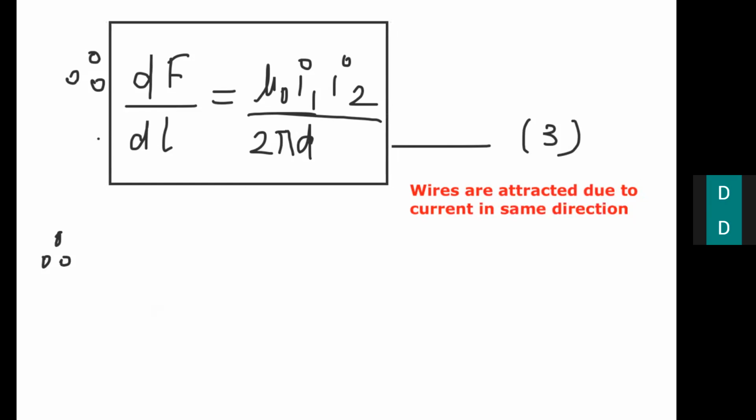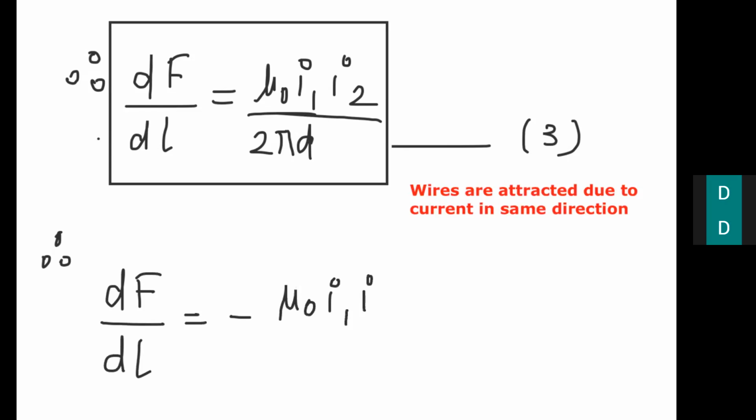But if they are carrying current in the opposite direction, then the wires will repel, and we can write dF upon dl equals minus mu 0 I1 I2 upon 2 pi d. Why are we writing minus?